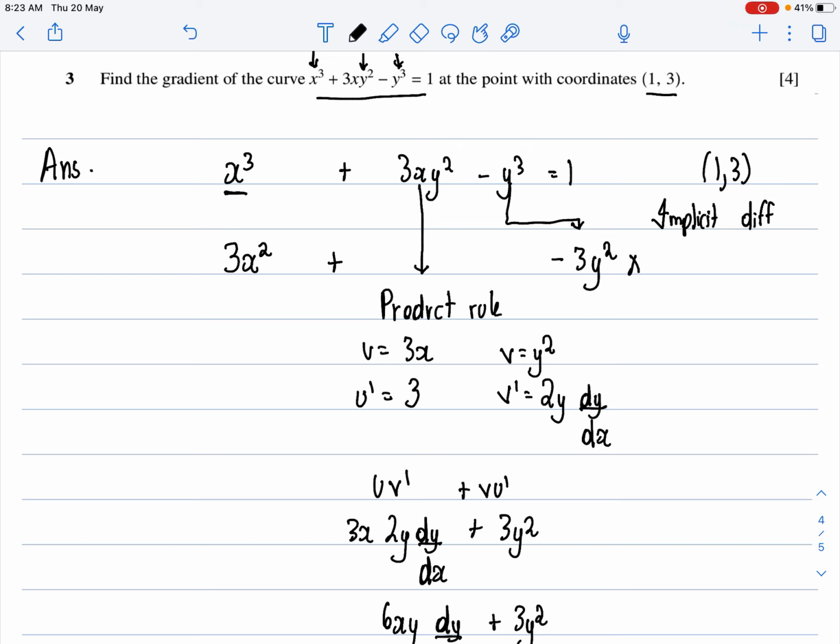But I told you, whenever you differentiate y, there's a dy by dx which you multiply. And the differentiation of 1 is simply 0, constant is 0.